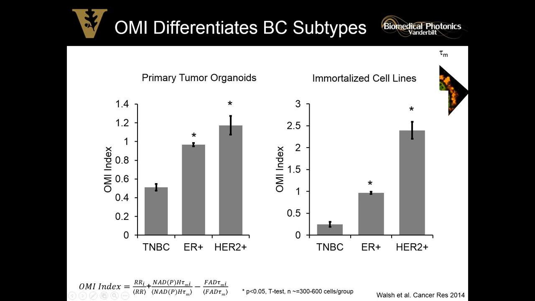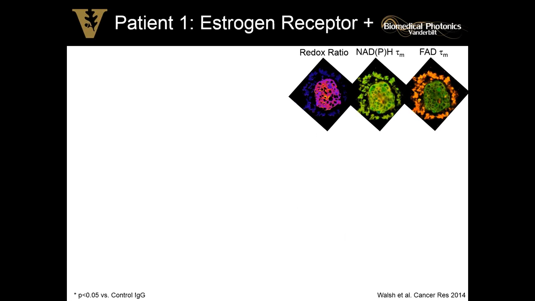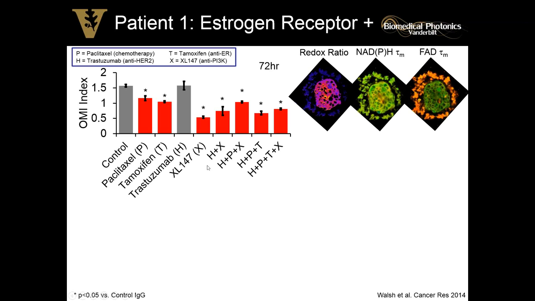If we look at response in one example patient, we see varied response. This patient in particular was an ER-positive, HER2-negative patient, so they did not respond to the antibody against HER2 as expected, but this patient did respond to all other drugs alone and in combination.